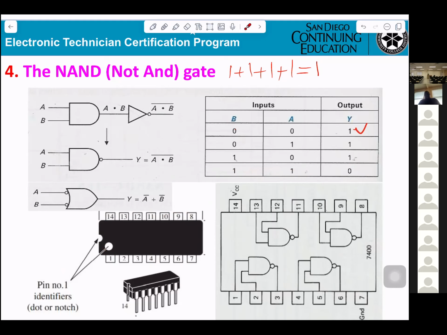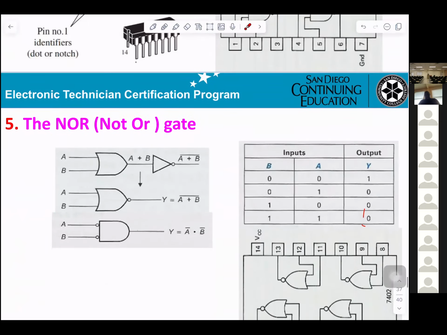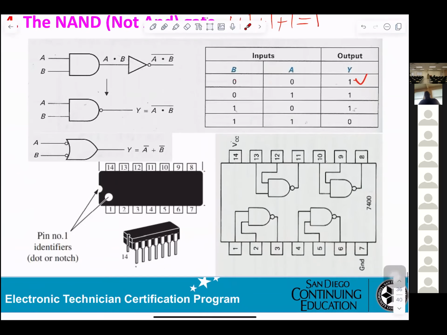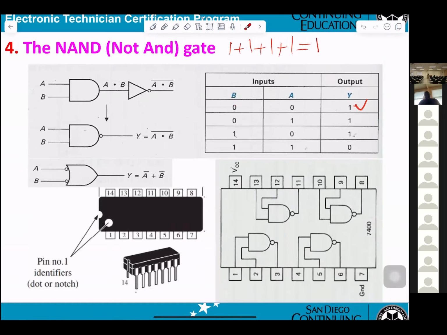Mr. Pham, real quick, do these gates come with more than just 2 pins on the input? Some of them come with 3 pins or 4 pins?